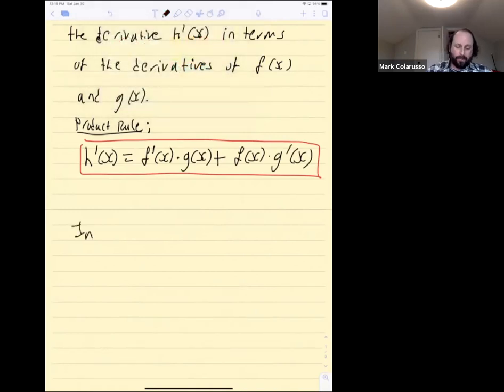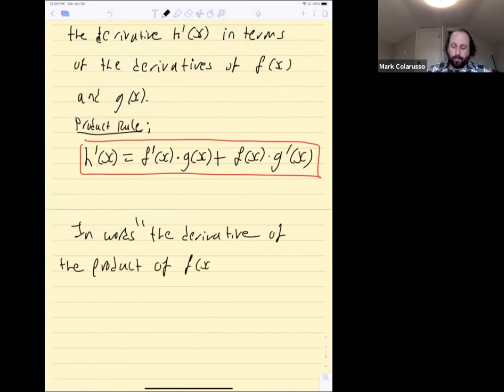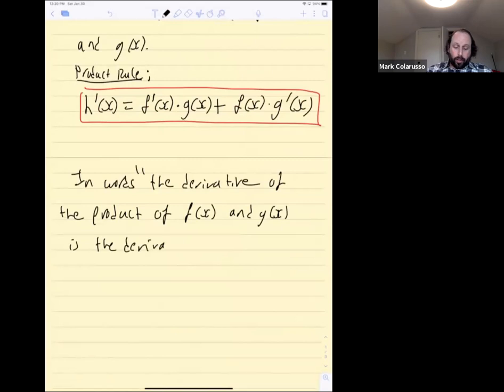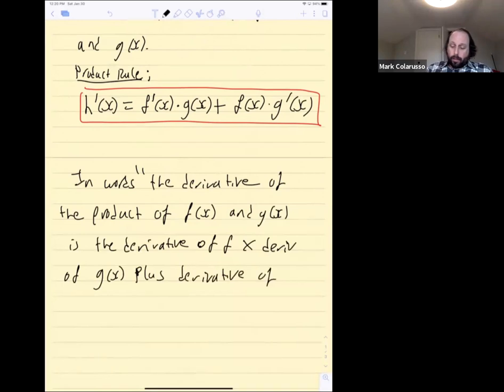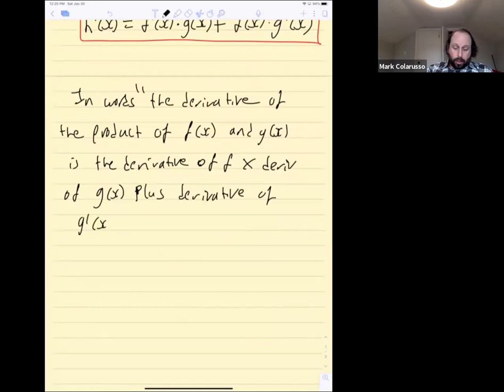So in words, the derivative of the product of f and g is the derivative of f times g, I'll just write deriv for derivative, plus the derivative of g times f.